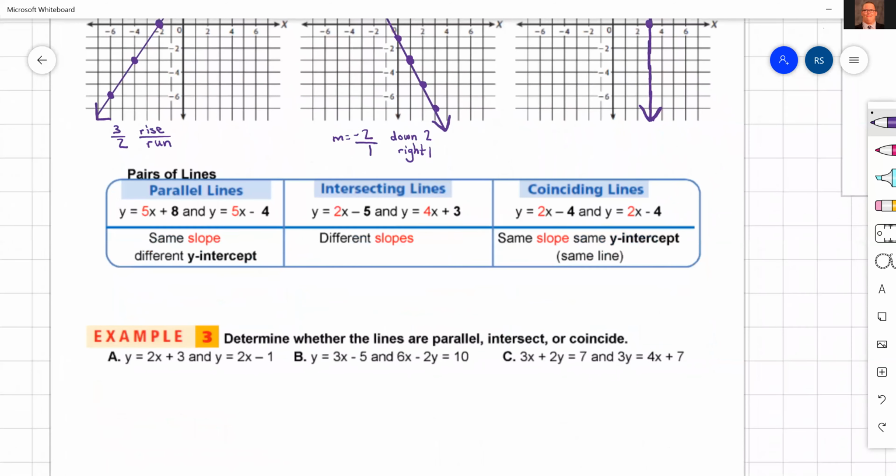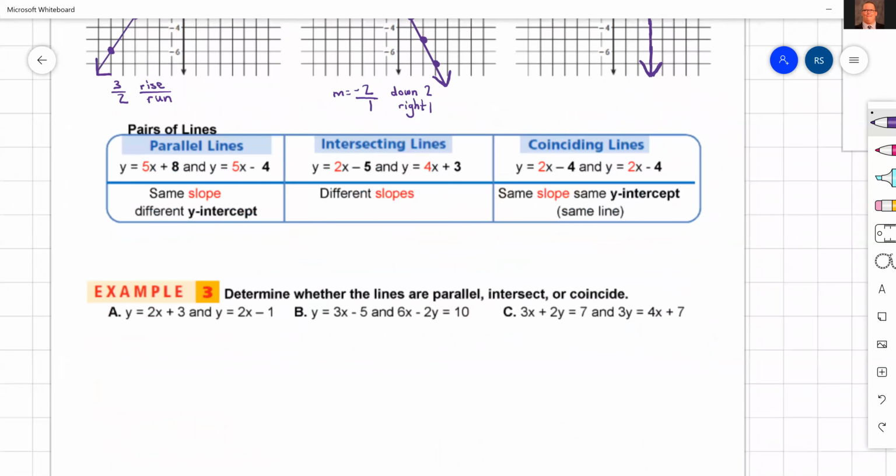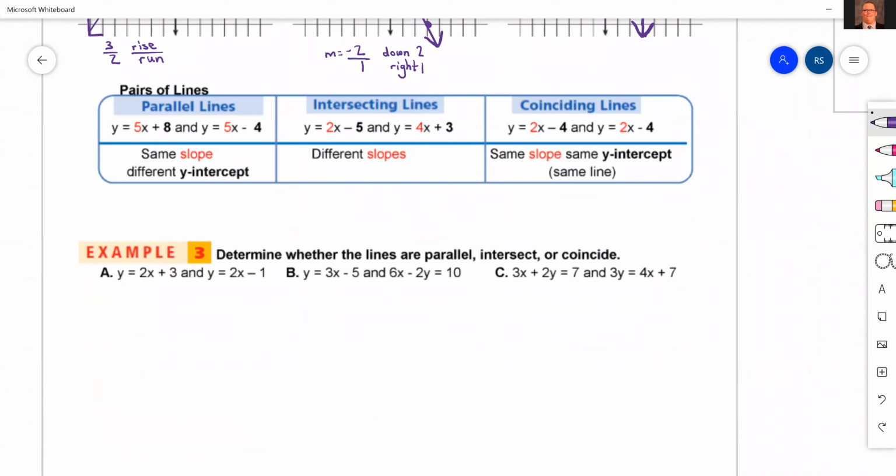Okay, so now let's look at different pairs of lines. Again, we have parallel lines, which we learned yesterday meant they had the same slope. However, they had different y-intercepts. Same slope, different y-intercept. Intersecting lines have totally different slopes.